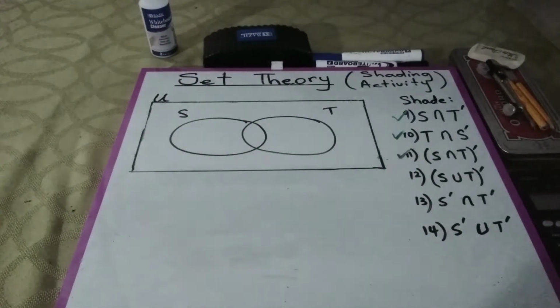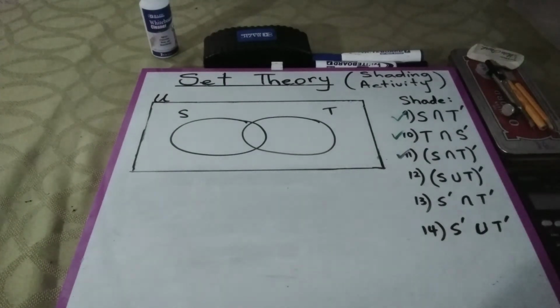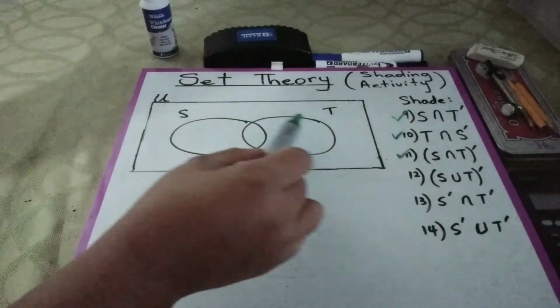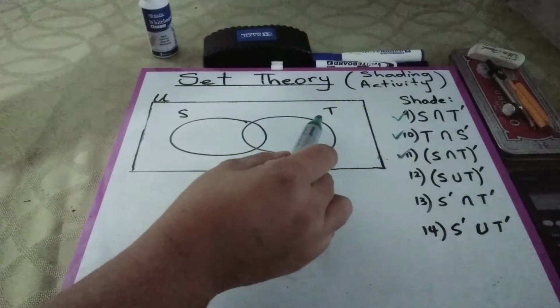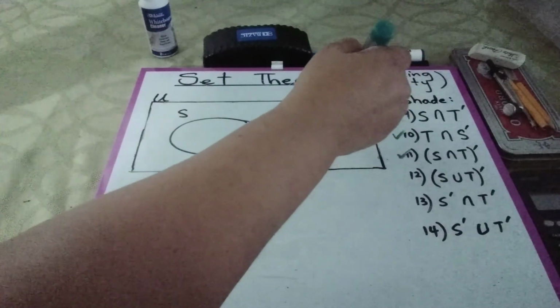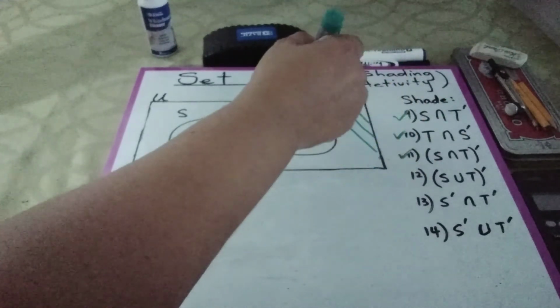So once we have done number 11, we kind of have an idea how to do number 12 now. S union T. S union T is everything in S and everything in T. So we're going to shade what is outside of that. So everything outside the two intersecting circles would be the answer.